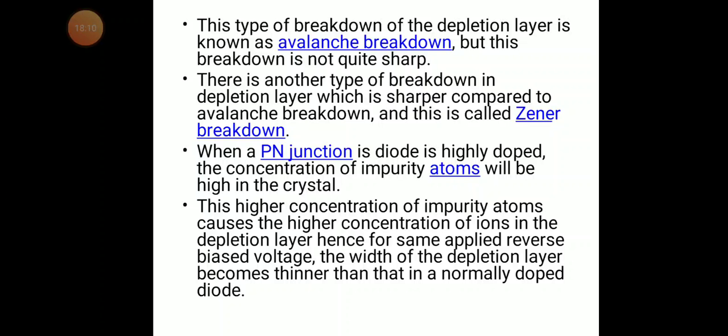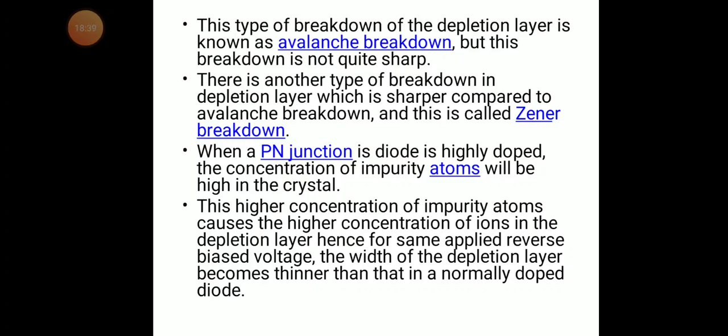That type of breakdown is called Zener breakdown. It is sharper compared to avalanche breakdown, and it occurs when a PN junction diode is highly doped.